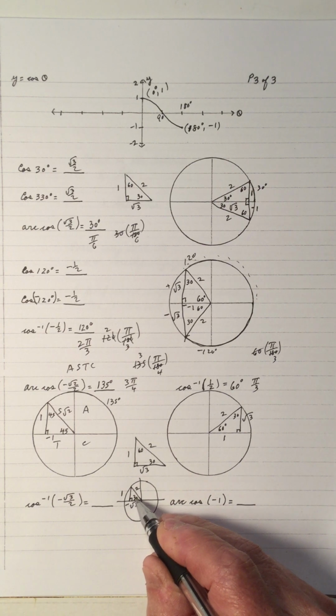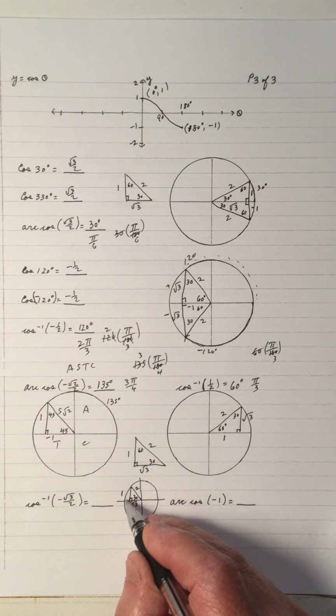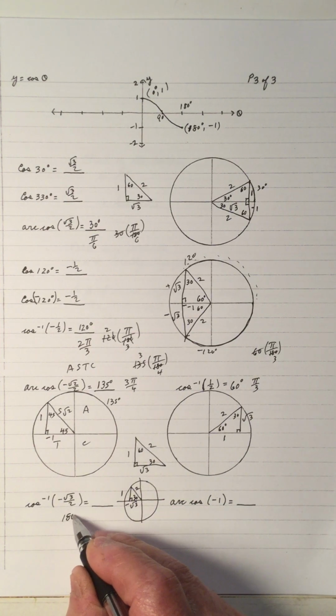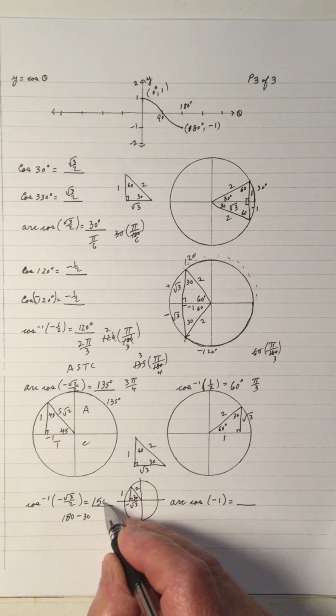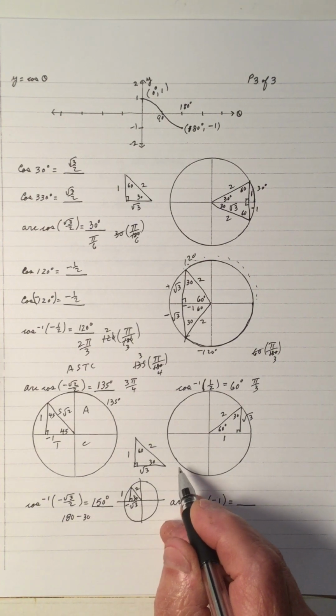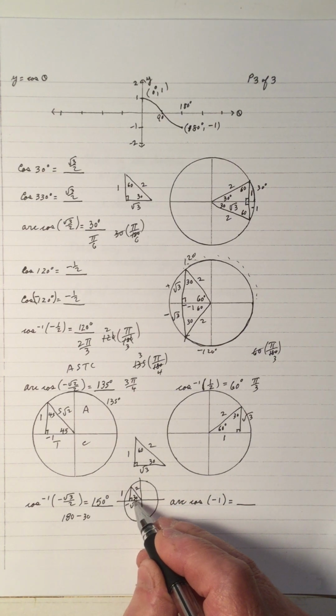So the cos of this reference angle is negative root 3 over 2, and that means this rotation is 180 minus the 30. So this rotation is 150 degrees.